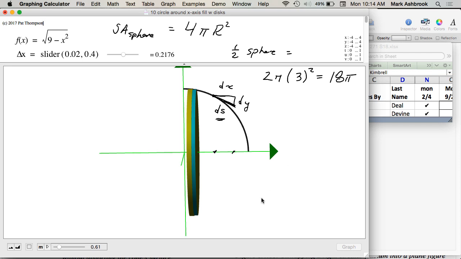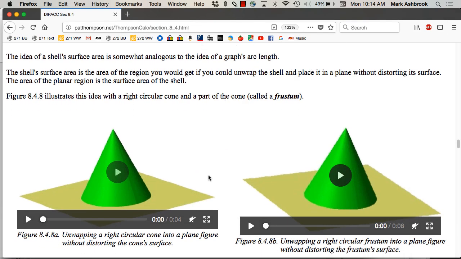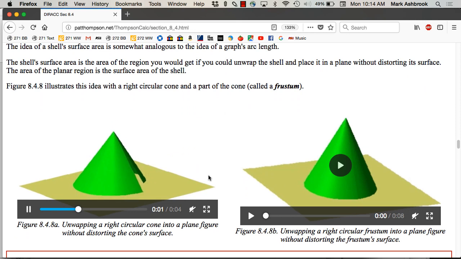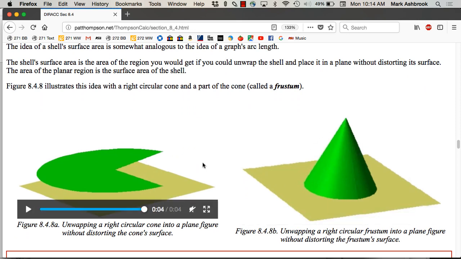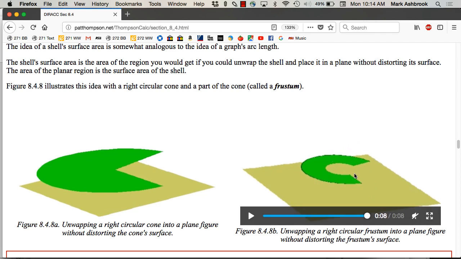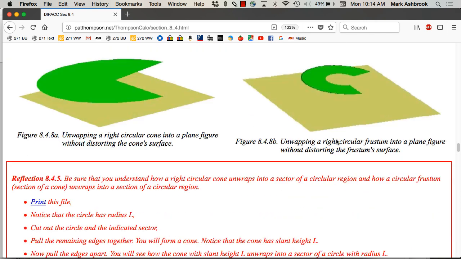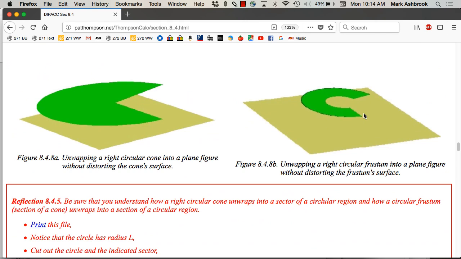All right, so let's take a look at what we can use, which will work. If we take a cone and we cut it open, we get a shape like that. If we take part of a cone, that's called a frustum. Take part of a cone and flatten it out, and we get a shape kind of like a C. That shape is what we can use instead of just the rings on the end of a plain right cylinder.